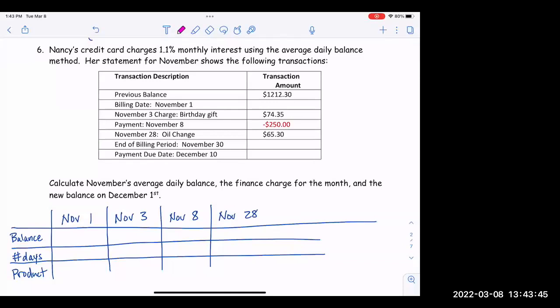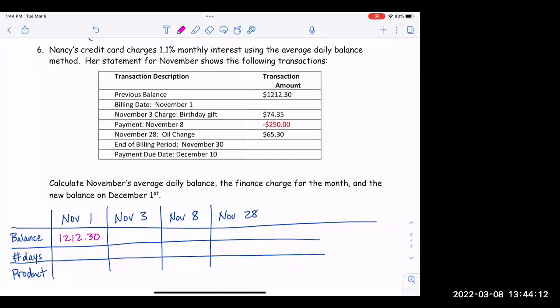So let's start filling out the table with the balance on November 1st. On November 1st, the balance was $1,212.30. And then on November 3rd, that's when that amount will change. We charged a birthday gift, $74.35, so that would increase our balance due.